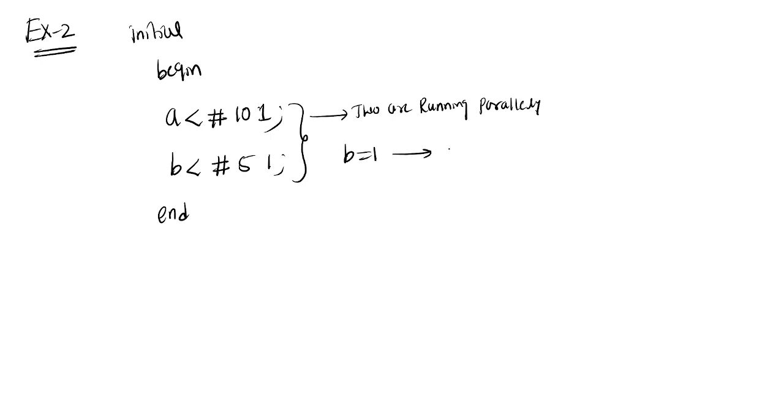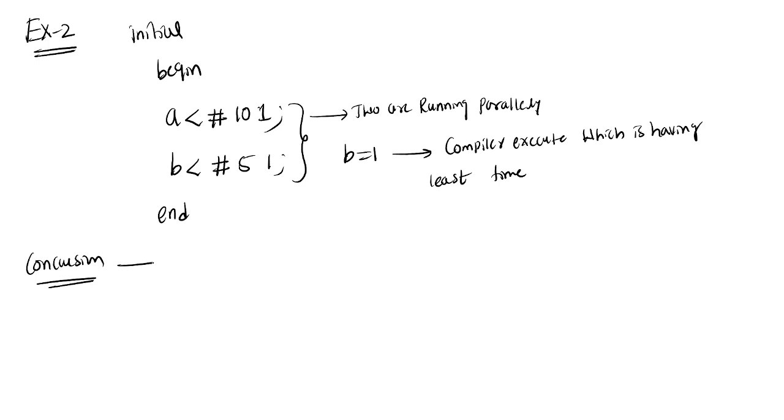The compiler will execute the one which has the least time. What about the others? Only the one with the least time is responding. So what is the conclusion I can write?